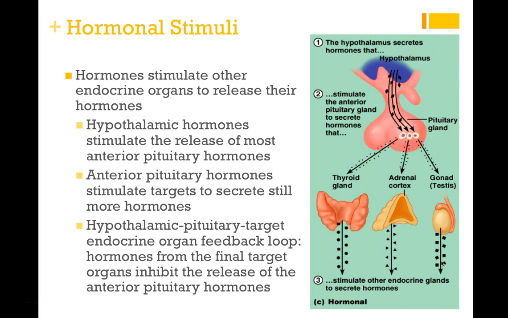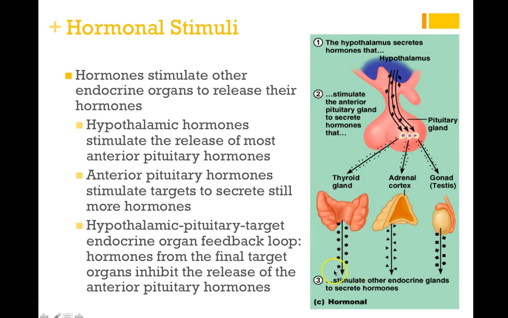So this then will work within a feedback loop. Let's say we have our anterior pituitary gland secreting thyroid stimulating hormone over to our thyroid gland. Our thyroid gland then secretes the thyroid hormones, T4 and T3. But let's say we get an increased amount of these hormones.